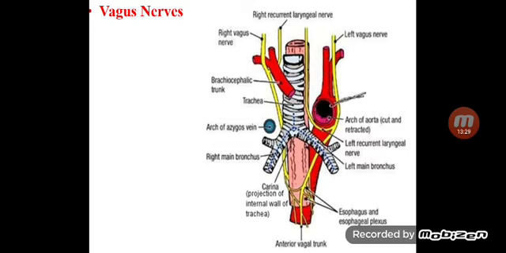So the right vagus nerve runs behind the root of the right lung, shares in the formation of the pulmonary plexus, then leaves the plexus and descends posteriorly on the posterior surface of the esophagus, also sharing in the formation of the esophageal plexus to give autonomic innervation or parasympathetic fibers to the esophagus.